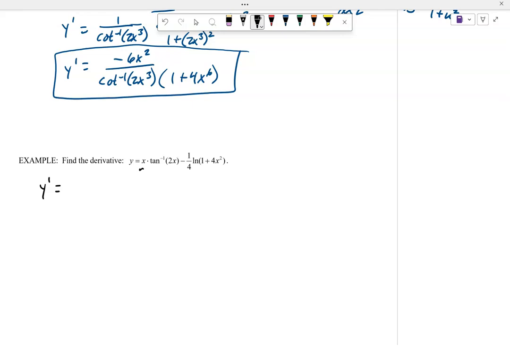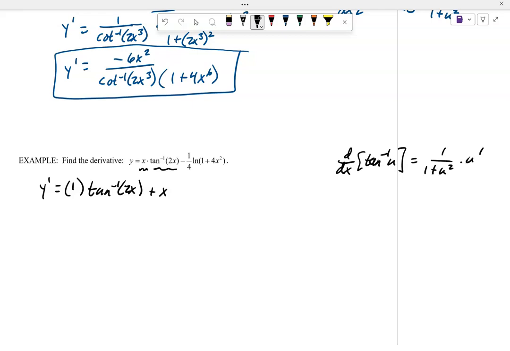Notice I have a product here. So derivative of the x, derivative of the first times the second, plus the first times the derivative of the arc tangent. Well, the derivative of the arc tangent is 1 over 1 plus u squared times u prime.